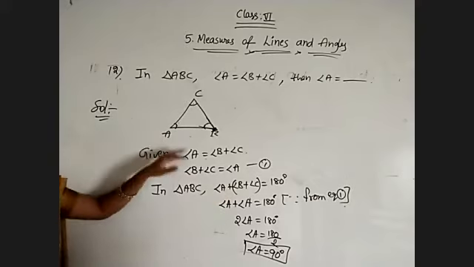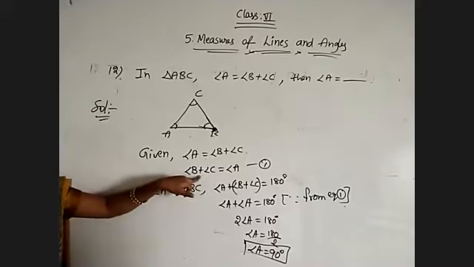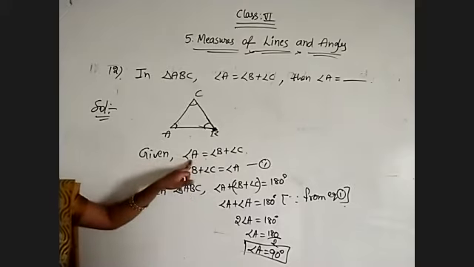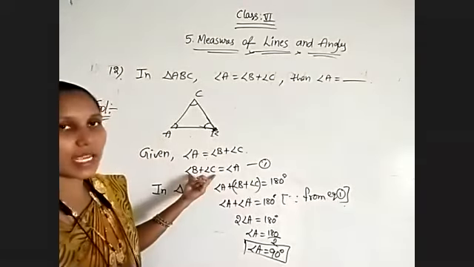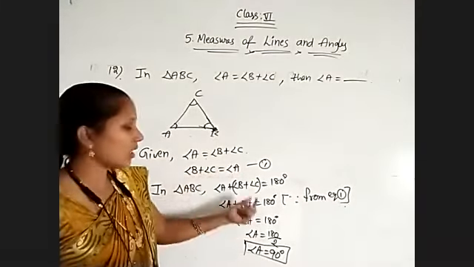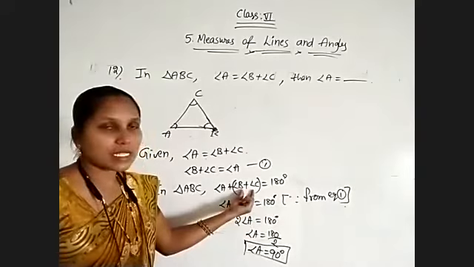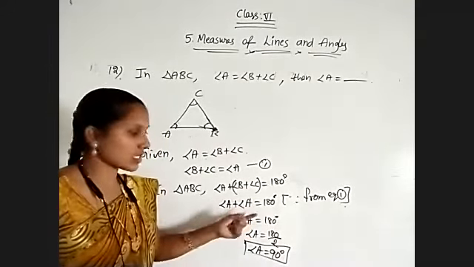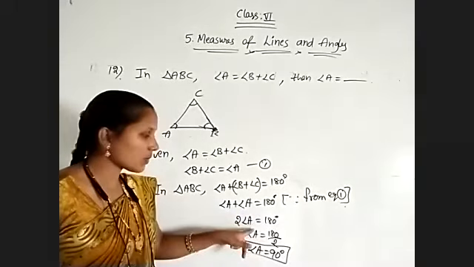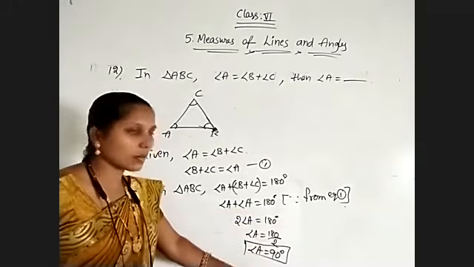And next, use the given relation, that is angle B plus angle C is equal to angle A. That means instead of the sum of angle B and C, we can substitute angle A. So angle A plus angle A, that is 2x, then x will be equal to 180 by 2, that is nothing but 90 degrees.